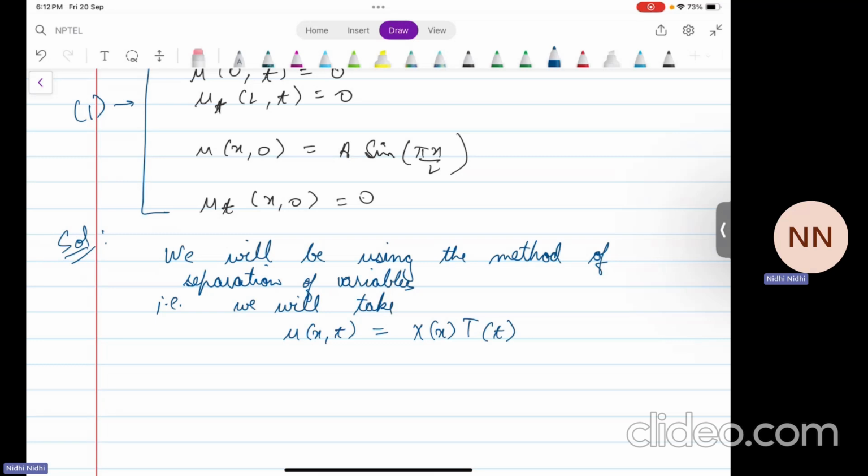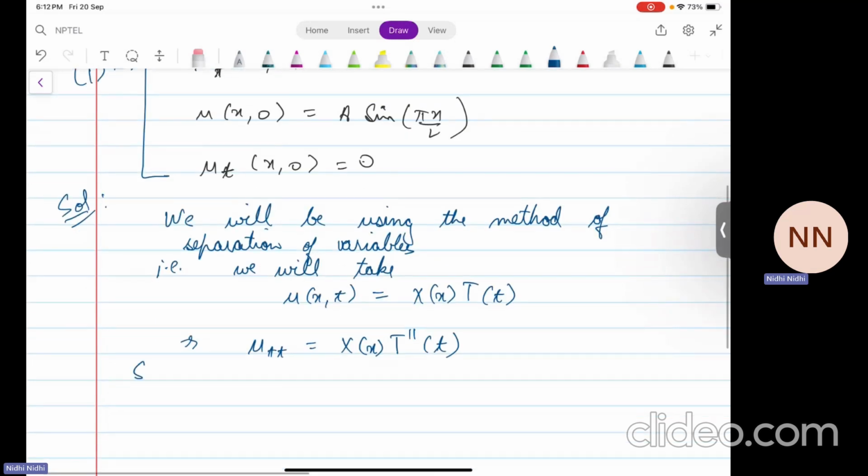Now this gives us that utt is equal to X(x) T double dash(t), because X is independent of t, so the derivative of X with respect to t will give us nothing, just a constant. Similarly, we will have uxx is equal to X double dash(x) T(t), because again T is independent of x.